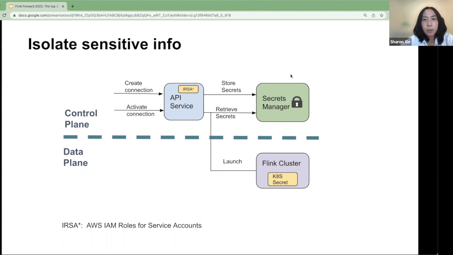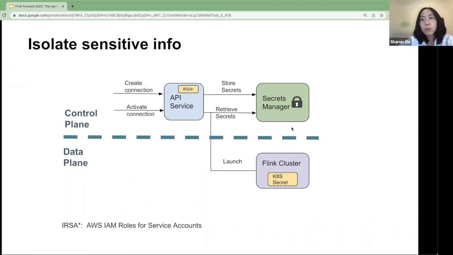In our case, when a user creates a connection, our API service handles the request. Normal configurations, like your schema, are stored in our RDS Postgres instance. Secrets, such as a password, are stored separately in AWS Secrets Manager. The API service can do that because we've configured a service account for it through the AWS IAM service.